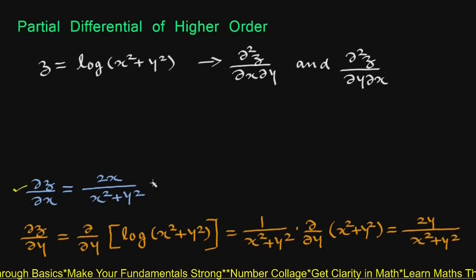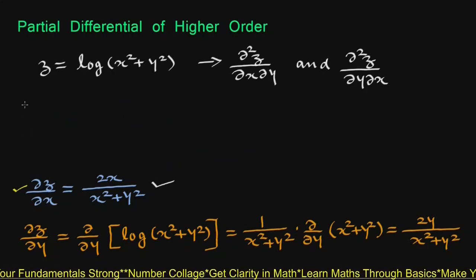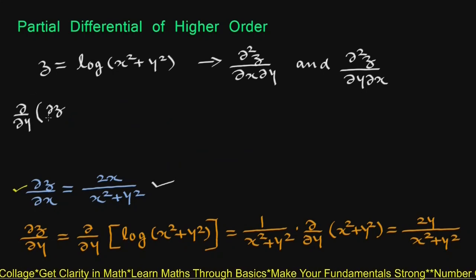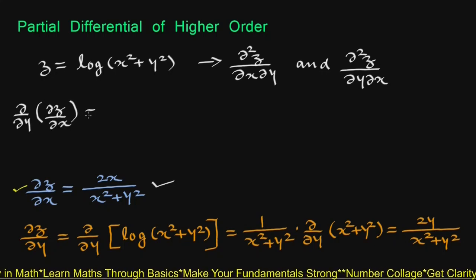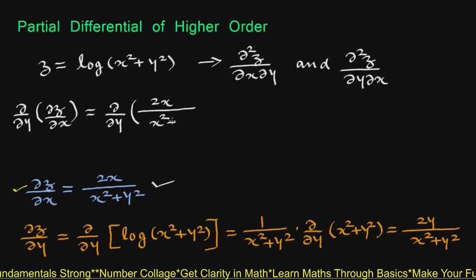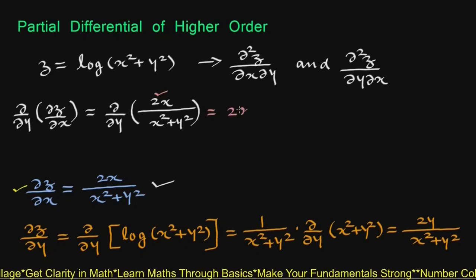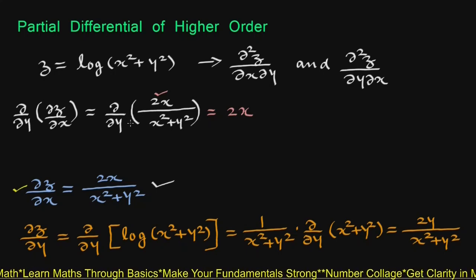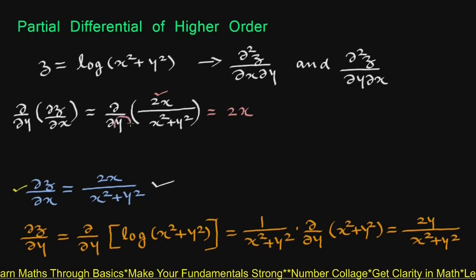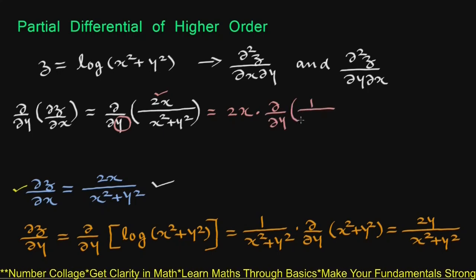Now from this first order partial derivative ∂z/∂x, we find ∂/∂y of ∂z/∂x, which is ∂/∂y of 2x/(x² + y²). This 2x is to be treated as constant because we have to partially differentiate with respect to y, into ∂/∂y of 1/(x² + y²).